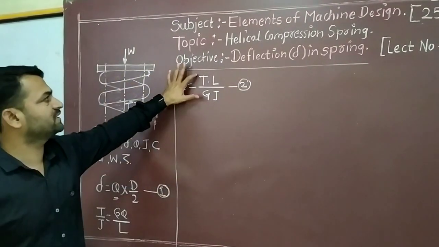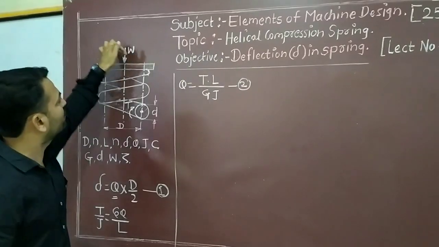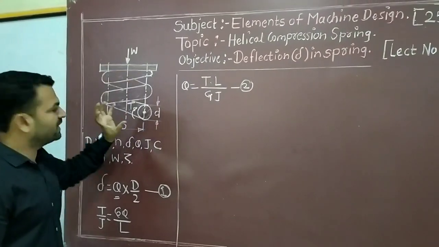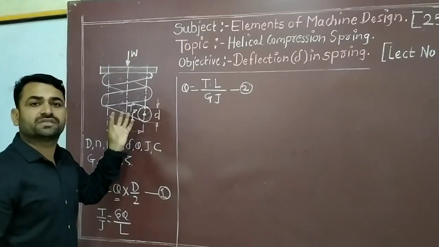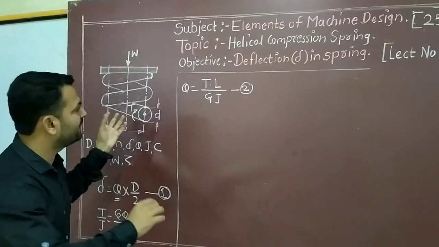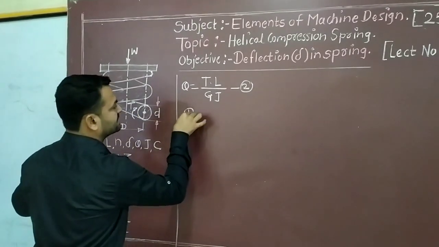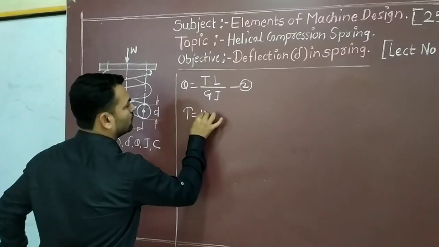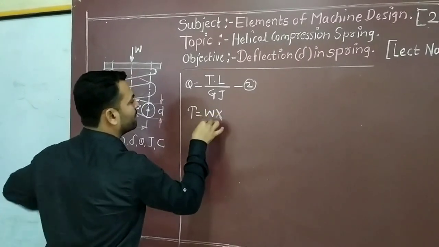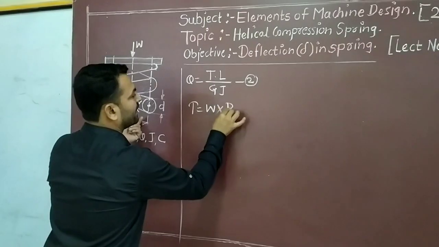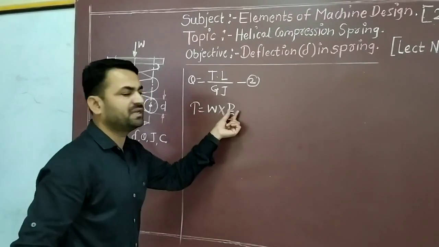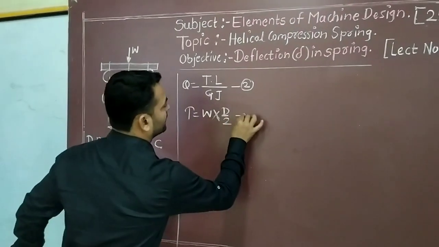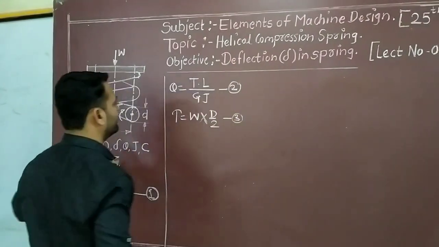Here you can clearly see T is the twisting moment. When load acts on the spring, it is going to twist. The twisting moment or torque, as we discussed yesterday, is W multiplied by the perpendicular distance, that is capital D by 2, the mean coil diameter. So here I am going to put equation number 3.